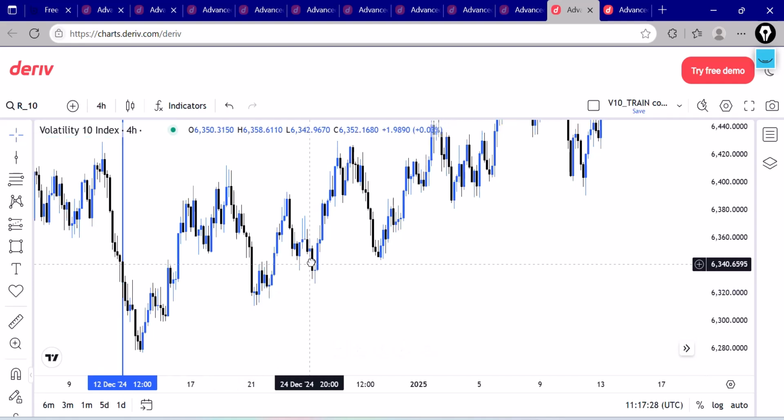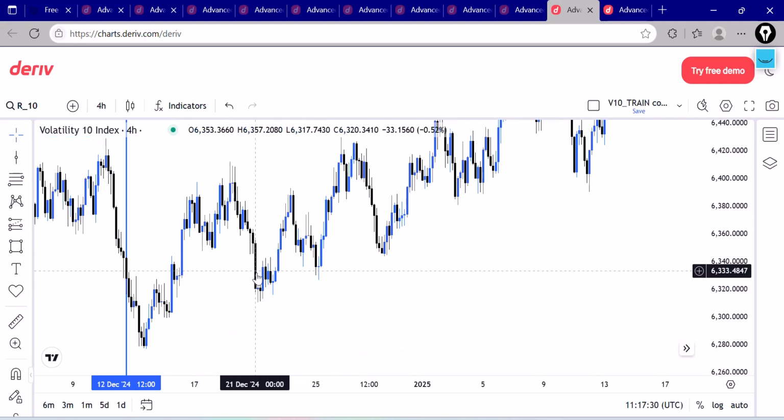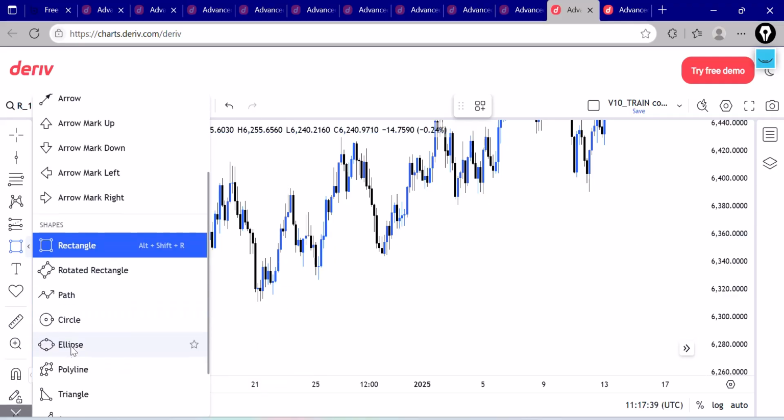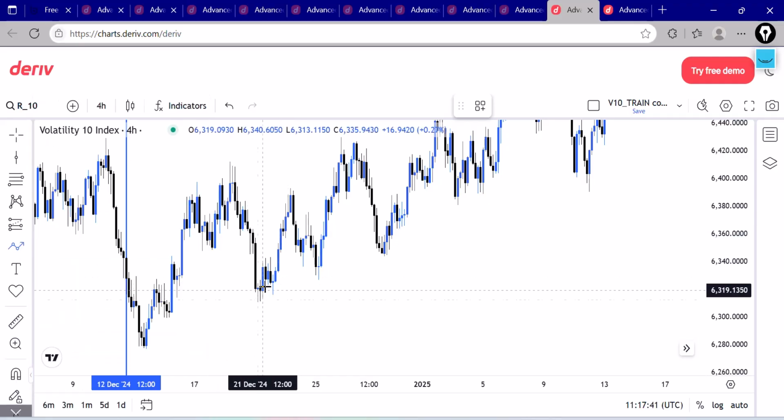So now, this is an example of a demand zone. First of all, what happens here? We see price rallies here. It came and there was a break of structure. There was a break of structure to the upside. Let's use this.